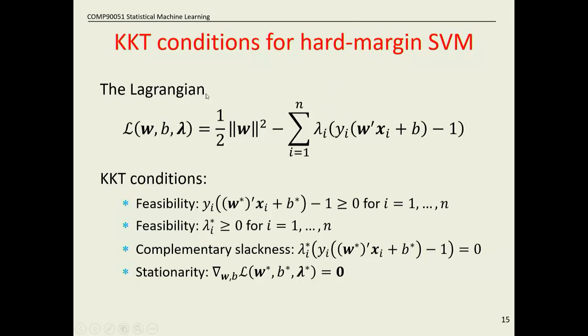I've got my objective function, and if I write my constraints as g of x less than or equal to 0, multiply them by lambda and add them up, I get this. It's an inequality constraint, so I have lambdas, not nus, and there are no equality constraints. So this is my Lagrangian function. If I go through all of the KKT conditions, I get these conditions. So this is what I'm working with, and this is what must hold at a solution.